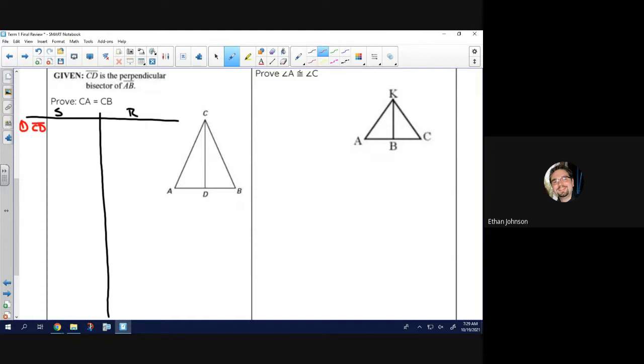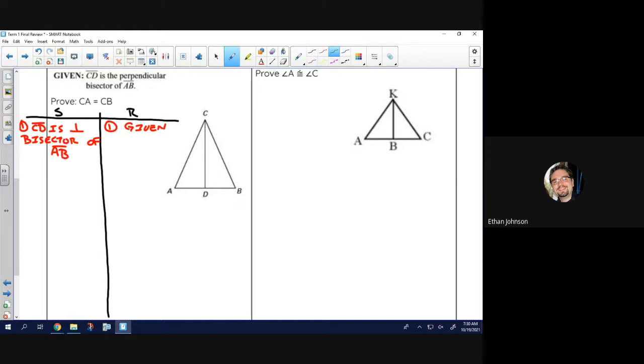Segment CD is the perpendicular bisector of segment AB. Now, in that given, we actually have two vocab words.